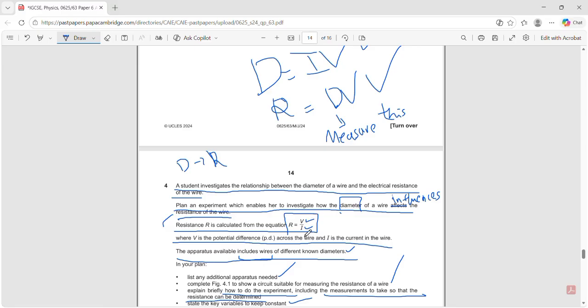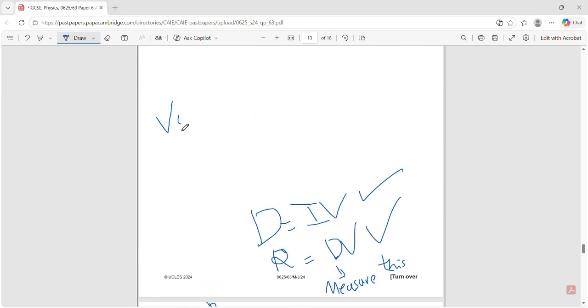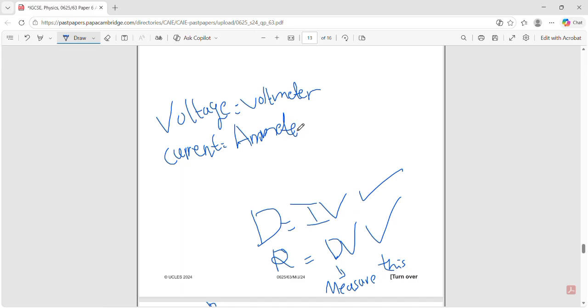To measure voltage, you use a voltmeter, and to measure current you use an ammeter. So those are the two additional apparatus that you need for this point. So this is covered.